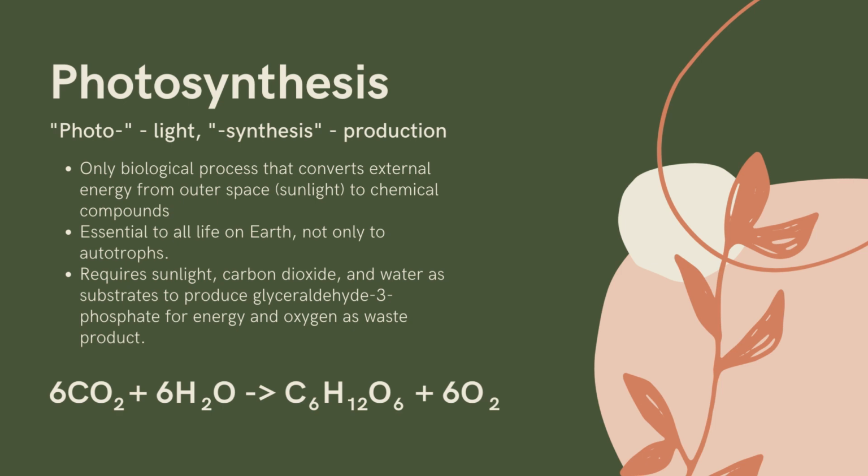Photosynthesis is very essential to all life on Earth, not only to autotrophs. Why? It is because organisms depend on plants, not only because they are a food source, but also because plants produce oxygen for our cellular respiration.